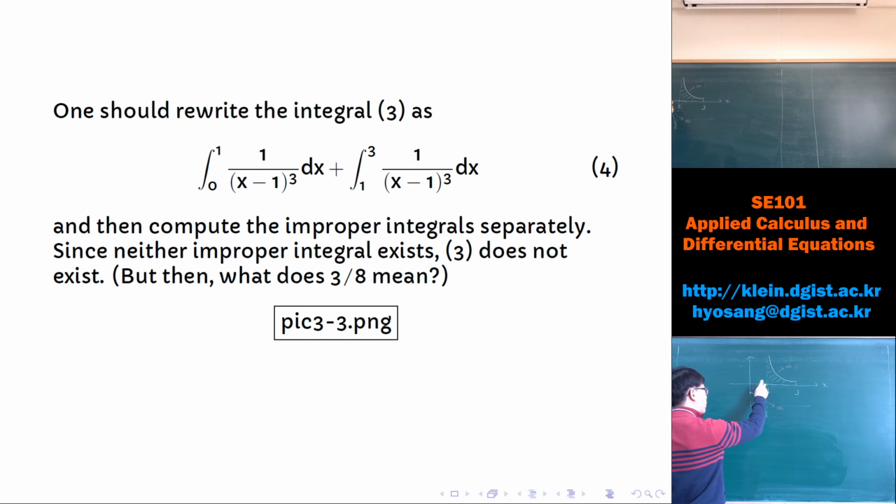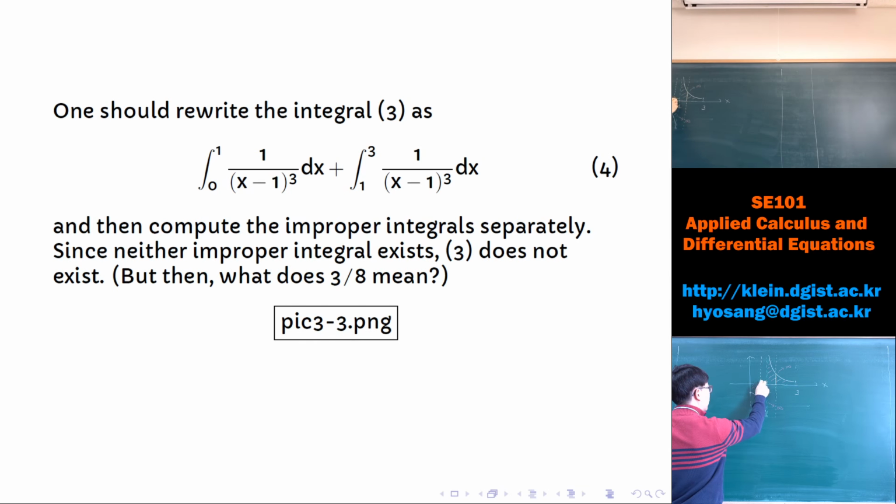So what we are going to do is take an interval around 1, which is equally distributed from 1.